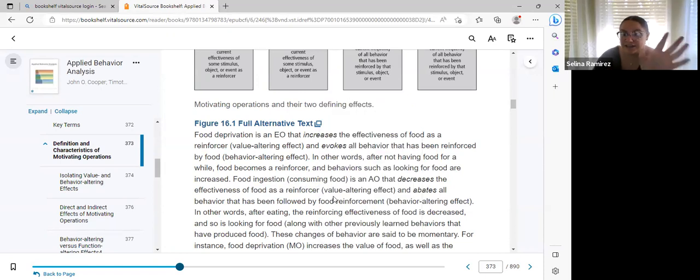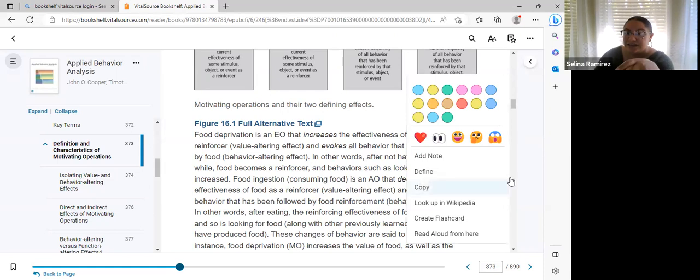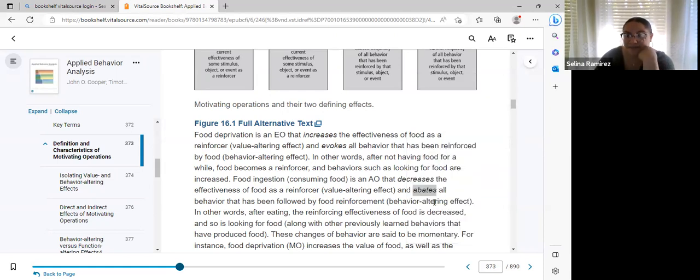And so then value altering, it's going to abate. So it's going to decrease all behaviors that have been followed by escape reinforcement. So in that case, elopement.